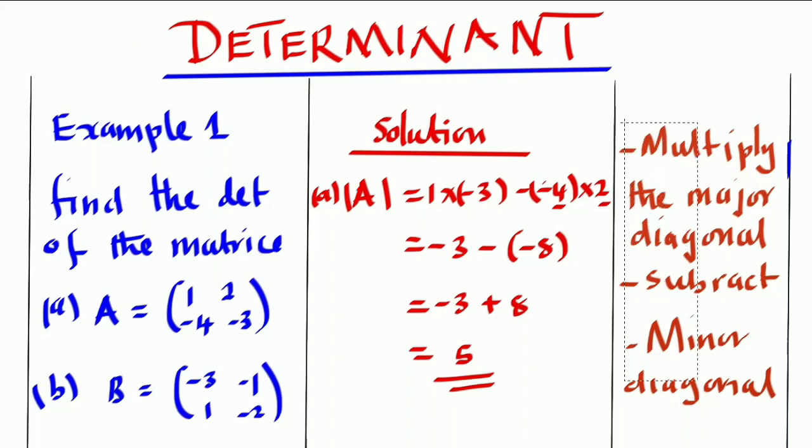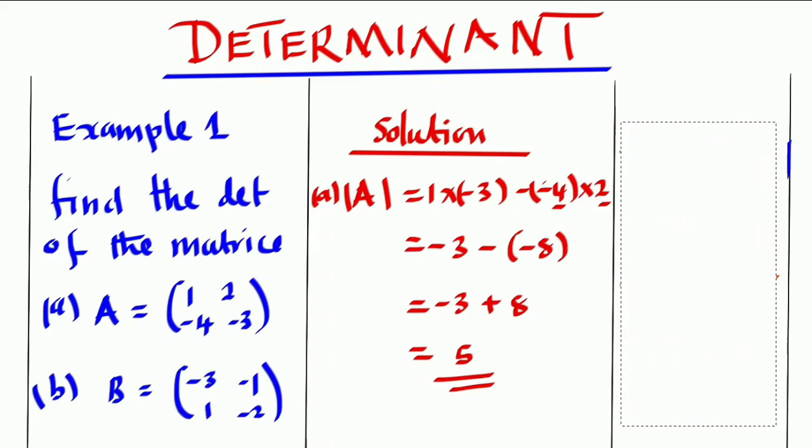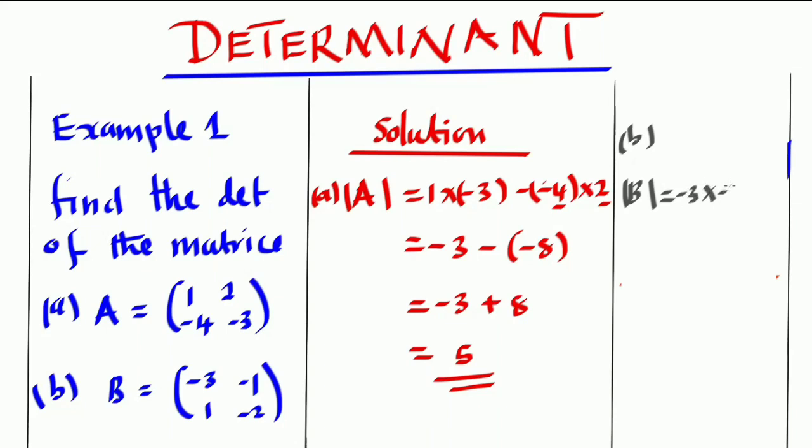Let's now try B and see the solution that we are getting. So for B, we're looking for the determinant of matrix B. This will be -3 times -2.